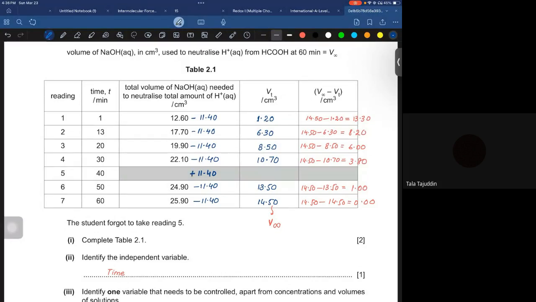11.4 plus 2.20 would be equal to, no, it's VT basically. 11.40 was the value.